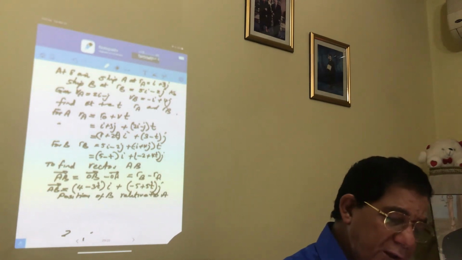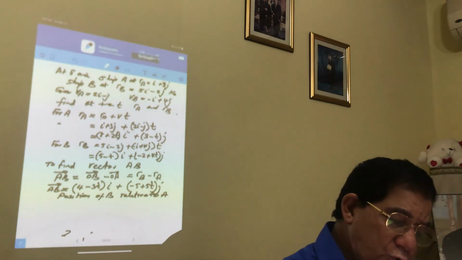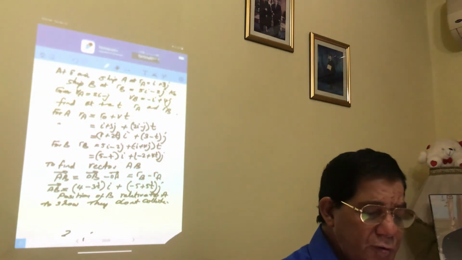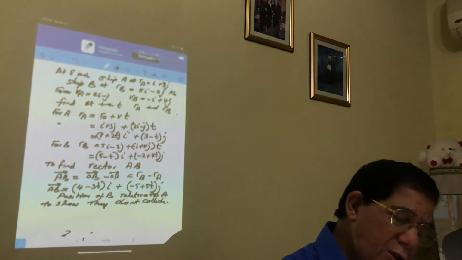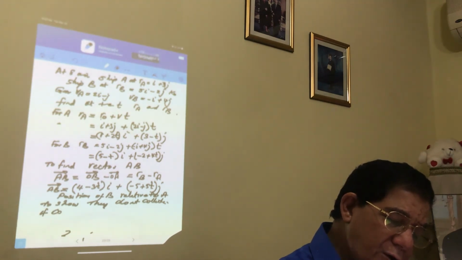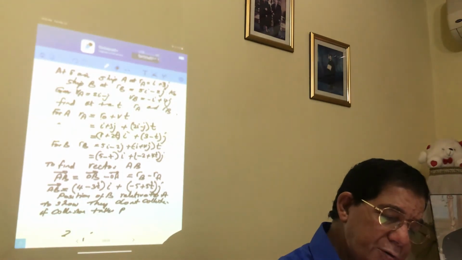The question says to show that the two ships don't collide. If a collision takes place, then the vector AB should be 0.